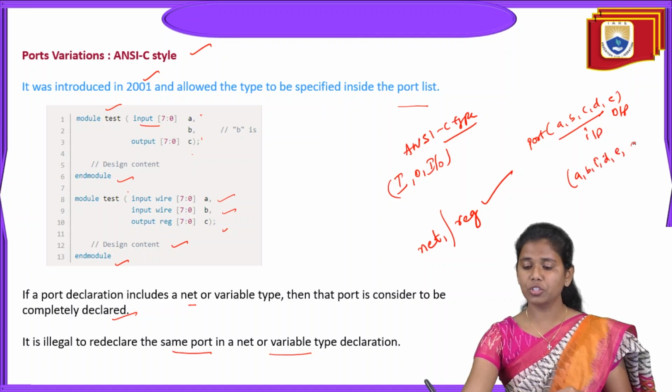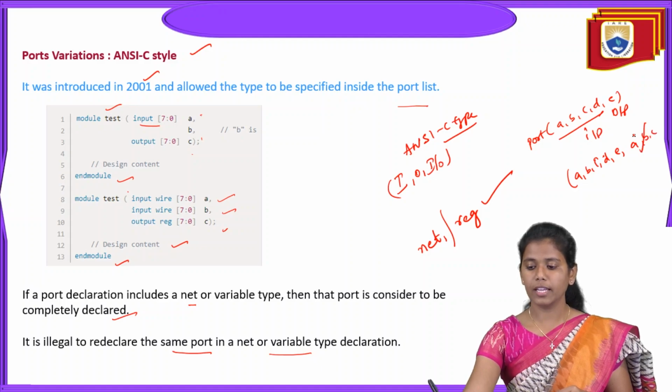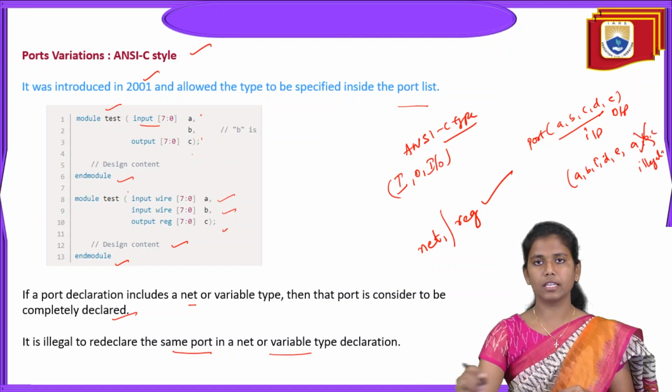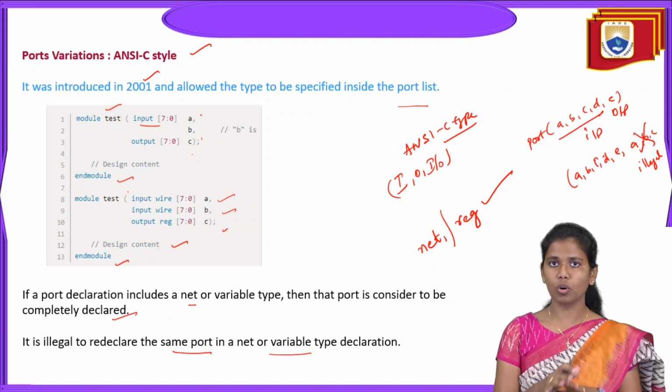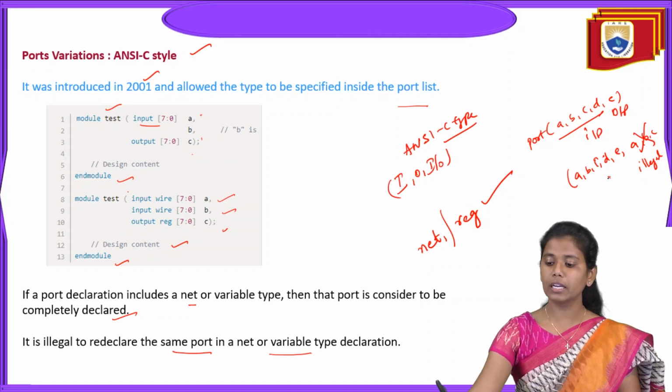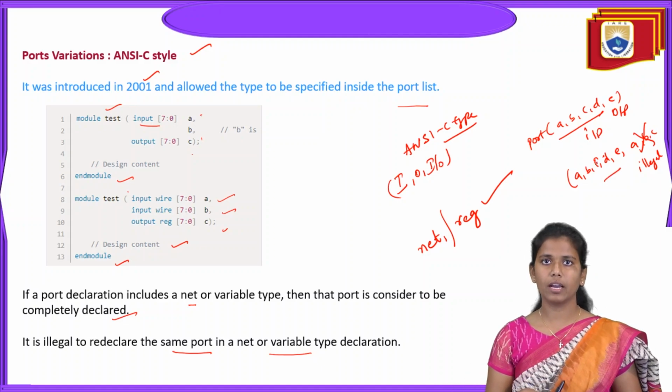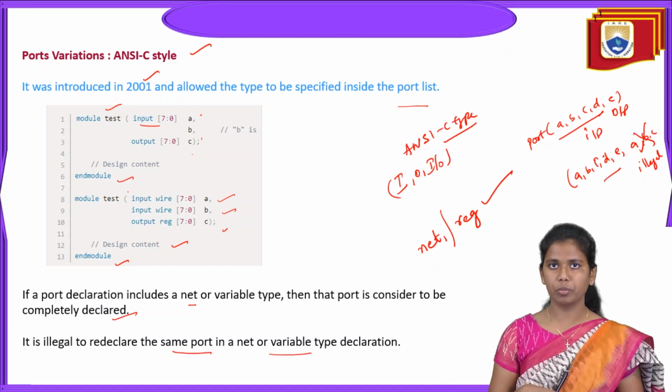If you are mentioning A, B, C, D twice, then that is illegal. That's totally wrong, if you are declaring inputs twice, and outputs also.